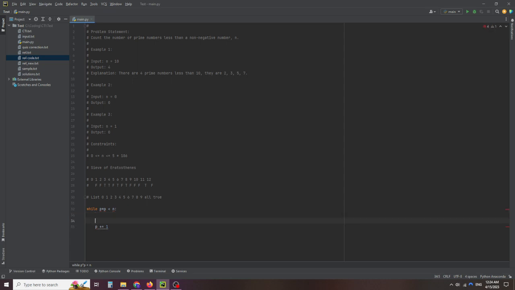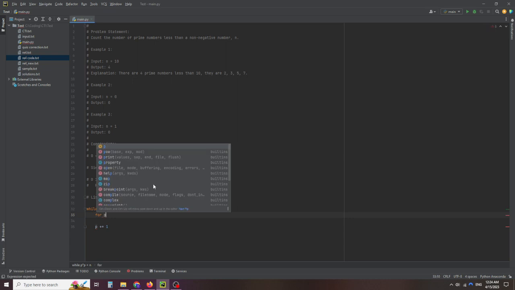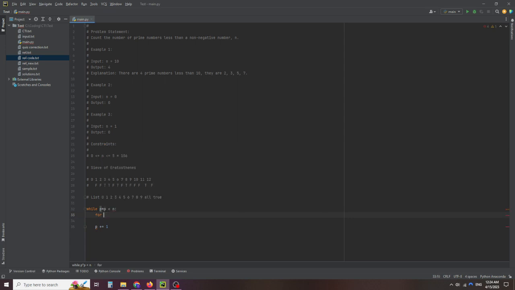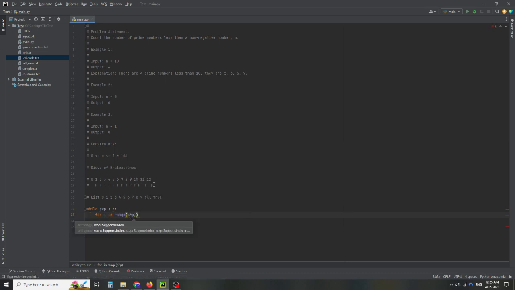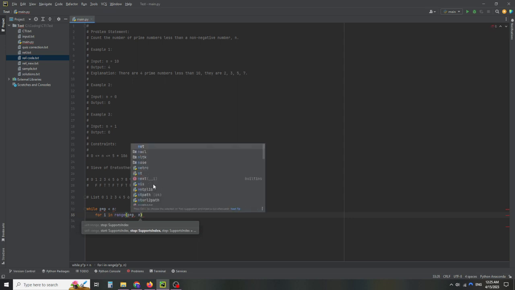Now, in between there'll be another loop starting at the square. So it'll be for i in range, starting at p squared all the way to n, the given number.